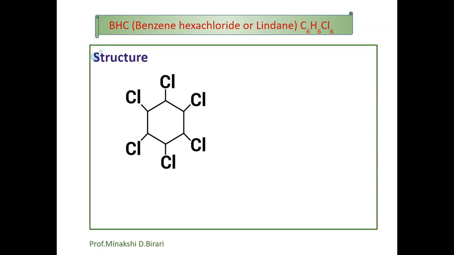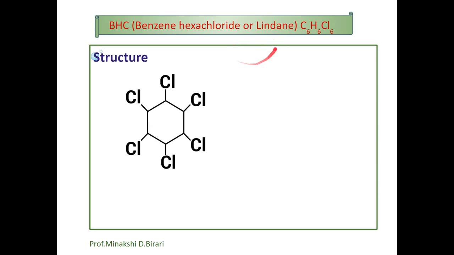Also, the other common name for benzene hexachloride is 666, due to 6 carbon atoms, 6 hydrogens and 6 chlorines.